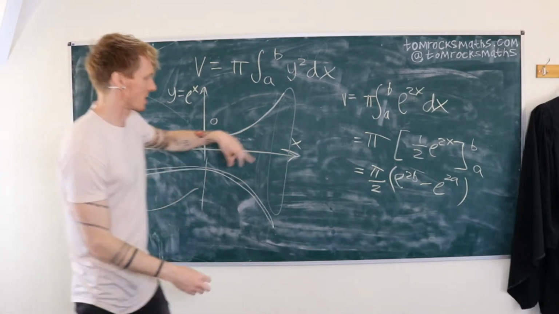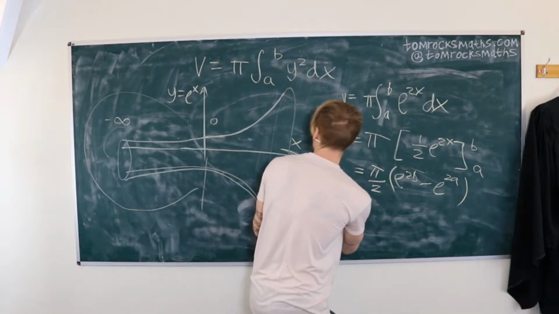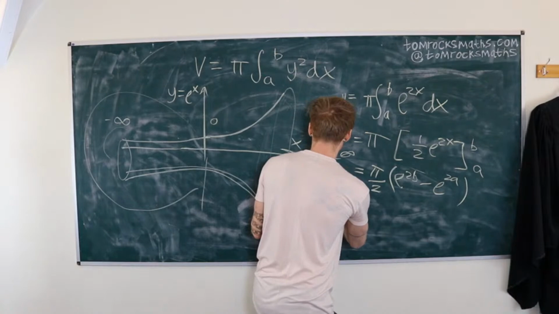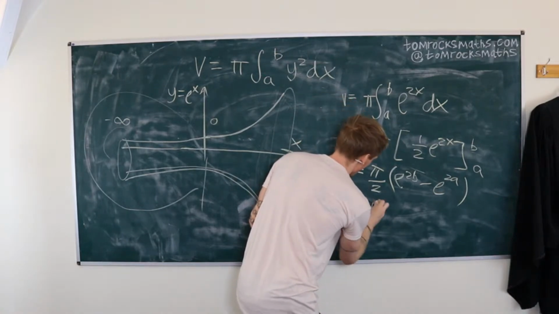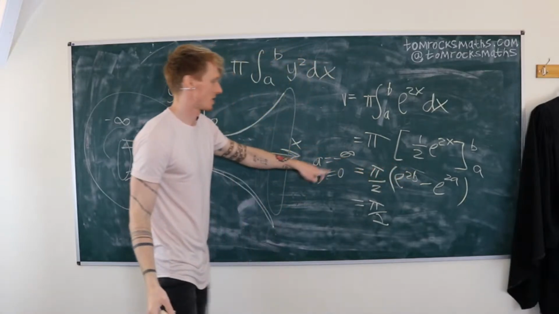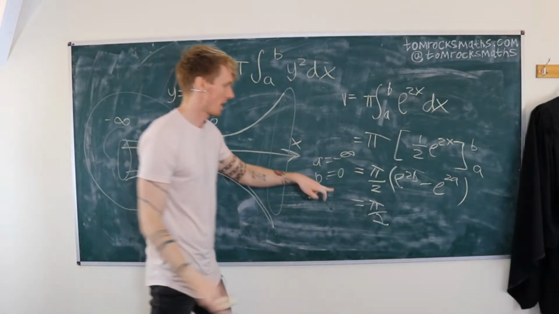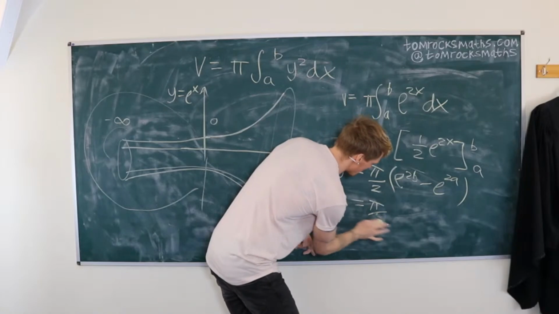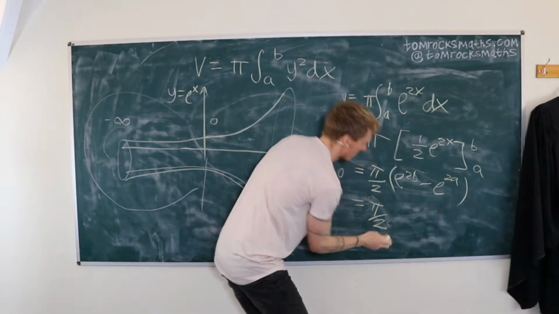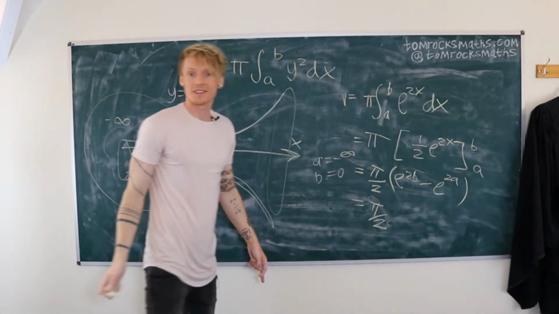So if we plug those in, that's going to tell us now that a is minus infinity and b is now 0. So then the answer there will be pi over 2 times e to the 0, which is 1, minus e to the minus infinity, which is going to give us 0.